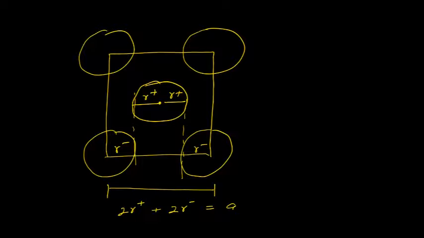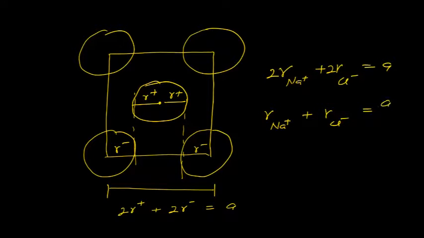So for example, if the question is for say NaCl, then it will be R of Na plus plus radius of Cl minus, and then twice will be A. In other terms, you can say radius of Na plus plus radius of Cl minus equals A by 2.